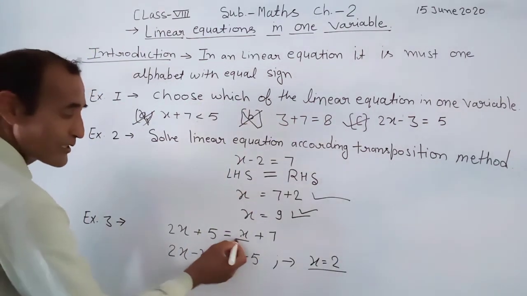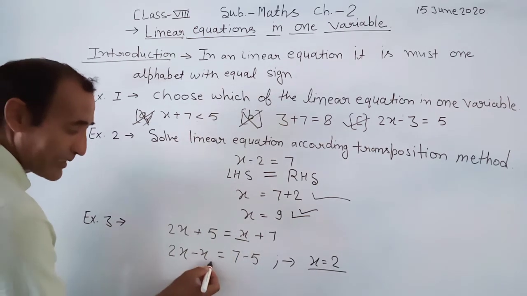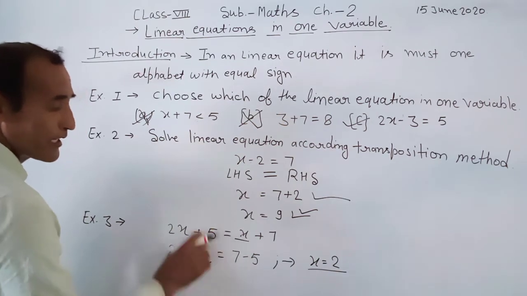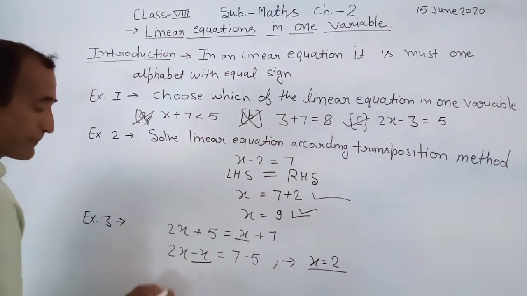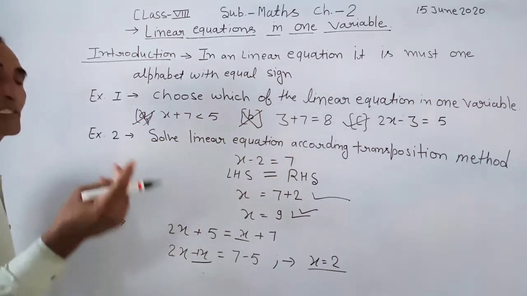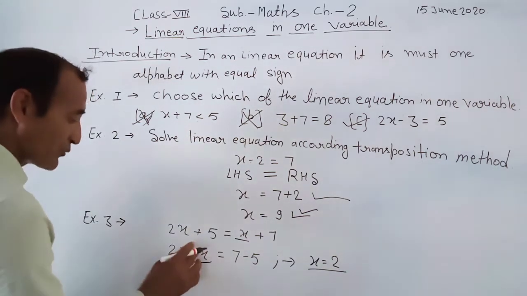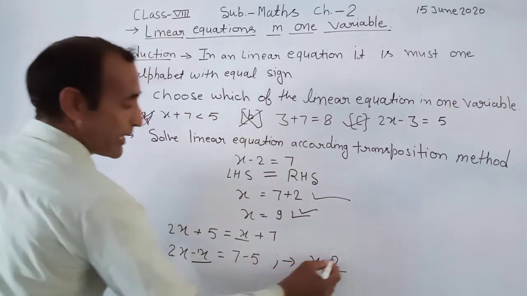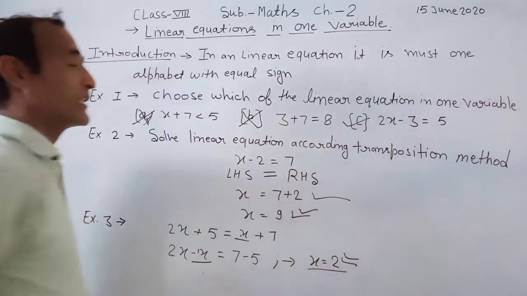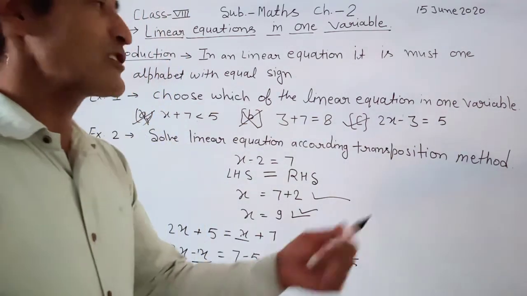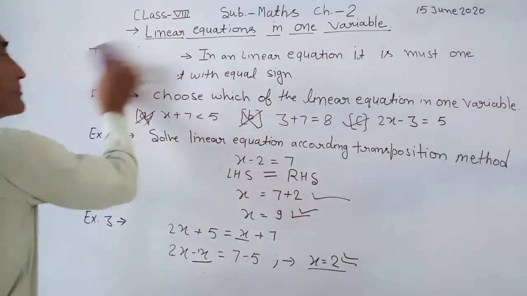Here x is plus, so we convert it into negative. Plus 5 converts into minus 5. So 2x minus x, x is one digit, so 2 minus 1 we find x. 7 minus 5, so we found x is equal to 2. So I explained the example third.